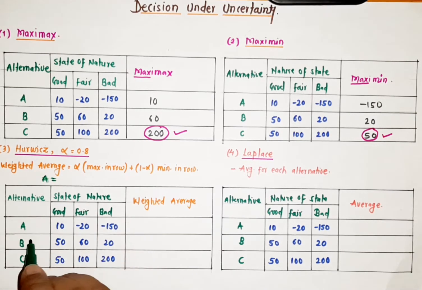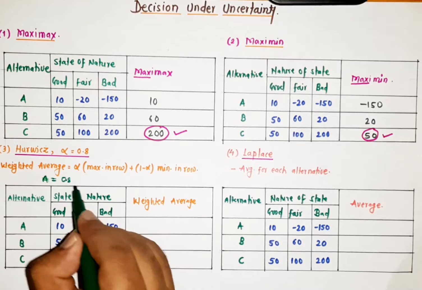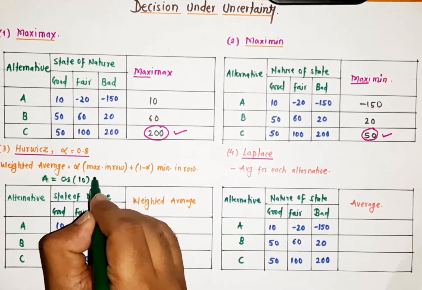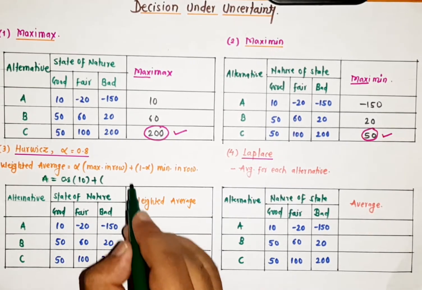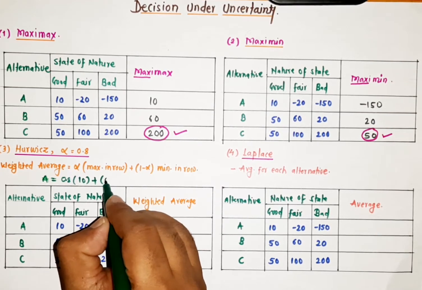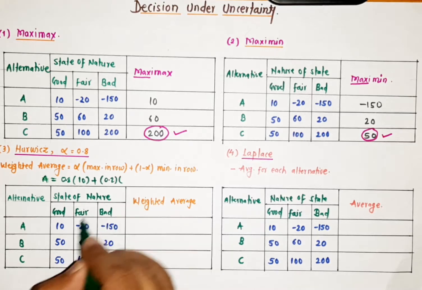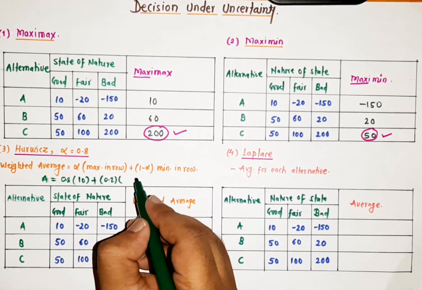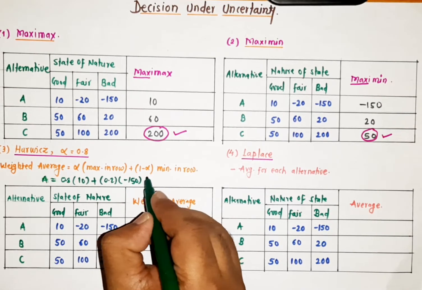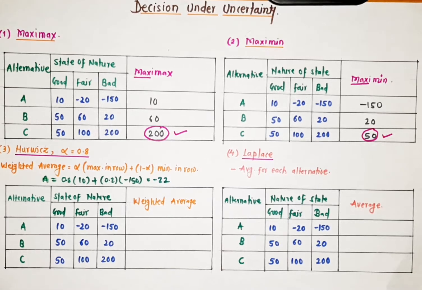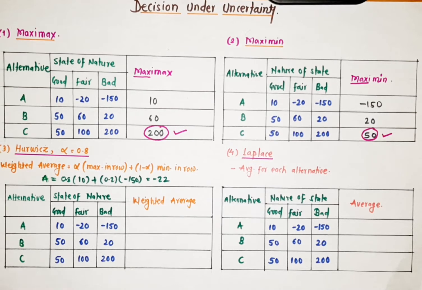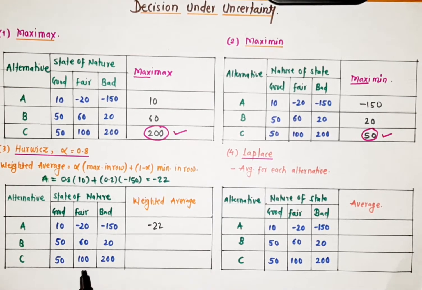For A, alpha is 0.8 into maximum in row 10 plus 1 minus alpha, that is 1 minus 0.8, which is 0.2, and minimum in row is minus 150, which comes to minus 22. Therefore the value for the A alternative using the Hurwicz method is minus 22.